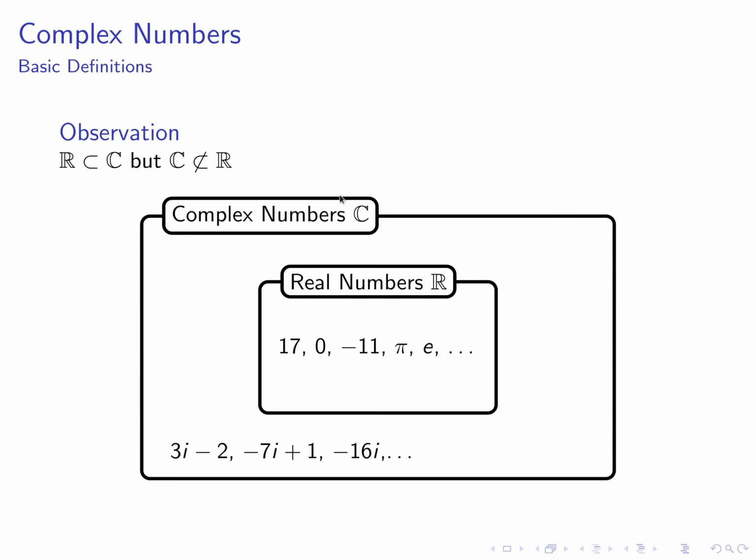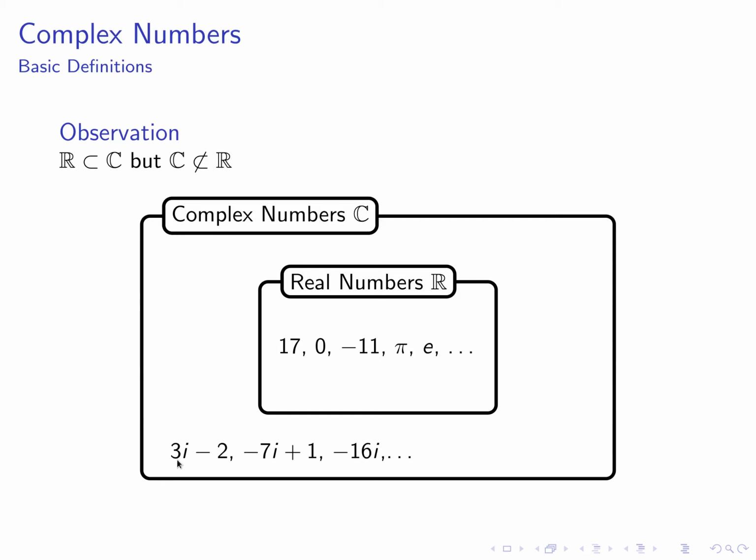So if we wanted a visual representation of this statement, the idea is that all of the real numbers, which are denoted by fancy R as a collection, so for example, some of those numbers are 17, 0, -11, pi, e, etc. Each one of those numbers can be viewed as a complex number where we take the real part, so maybe for the number 17, the real part is 17, and then we have imaginary part equal to 0. So every real number is a complex number. However, not every complex number is a real number.